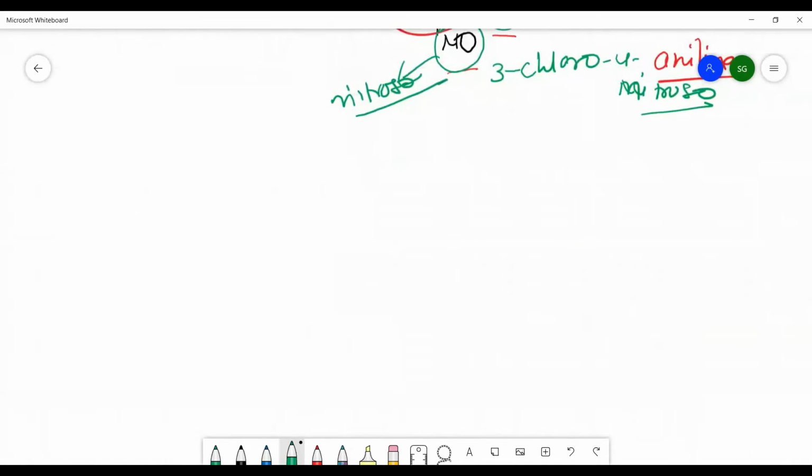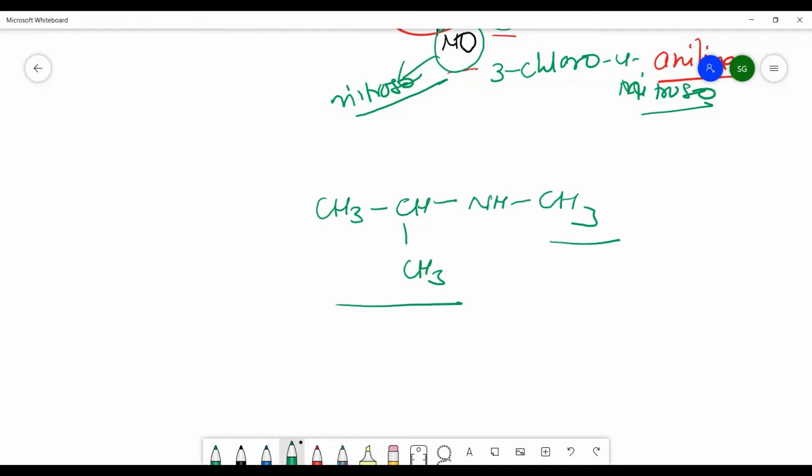You will see one more compound, like suppose you are having CH3, CH, CH3, NH and CH3. Suppose you are having this compound. Now here you can see this side has 3 carbon atoms, this side has 1 carbon atom. So we have to start the numbering in this manner, and this will become N-methyl, and at the second position the NH2 group is there and the propane chain is there.